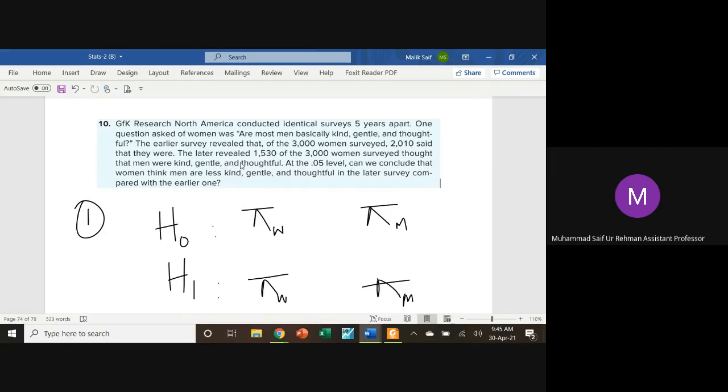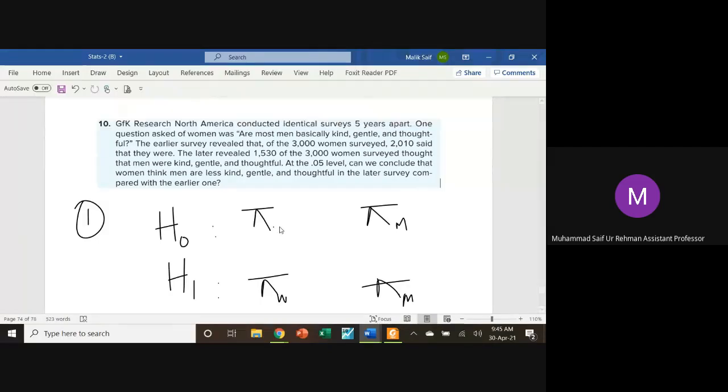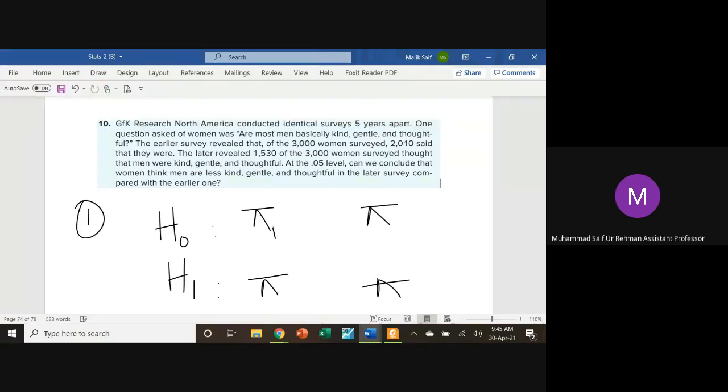In both surveys, we are asking the question of women. So instead of writing W and M, it would be better to write 1 and 2. Understand? So 1 will mean the first survey, 2 will mean the second survey.